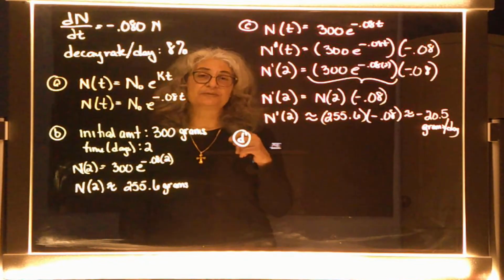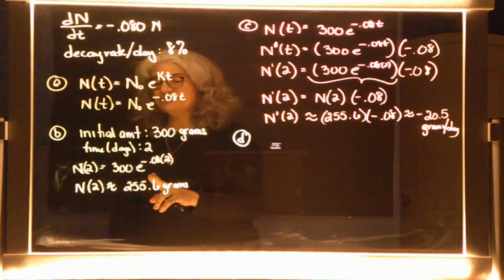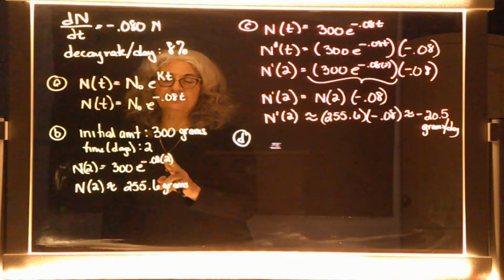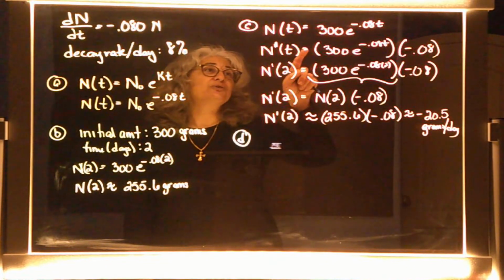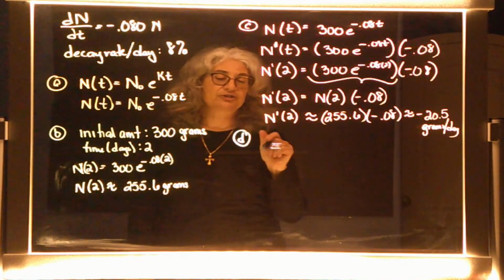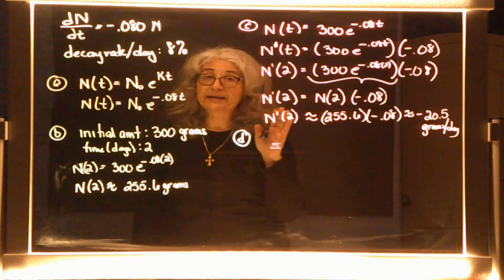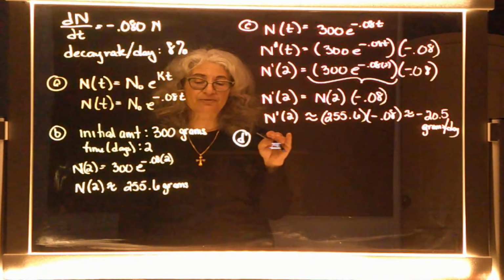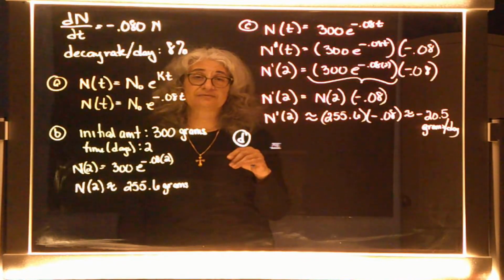But I got a question. Do I use this original function here, except we don't know the 2, or do I use the derivative? Yeah, I'm using the original function. Very good. Why? Because it didn't say rate of change in part D. Part D didn't say anything about a rate of change. It just wants the half-life.